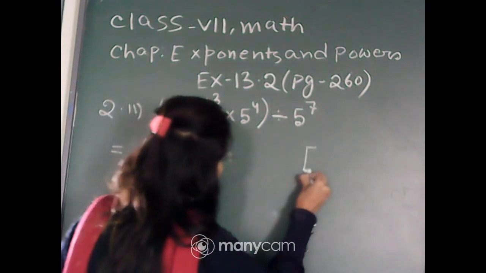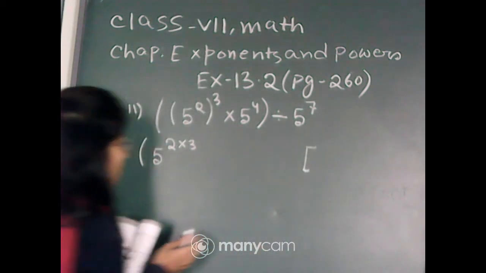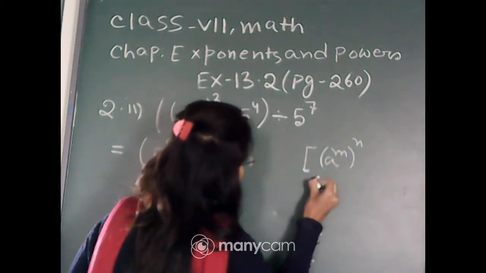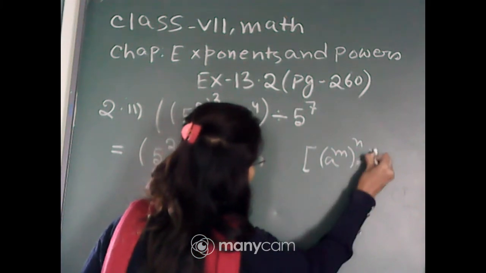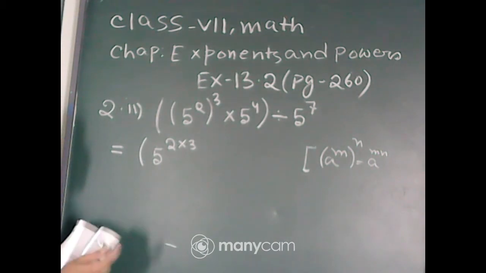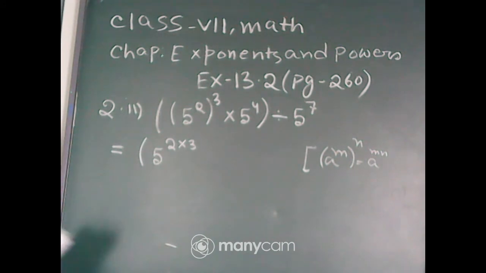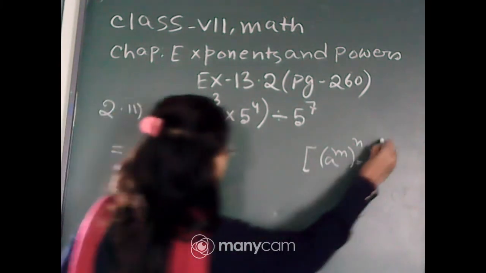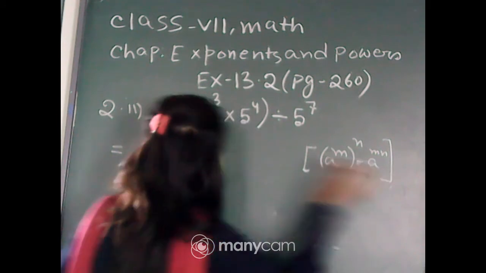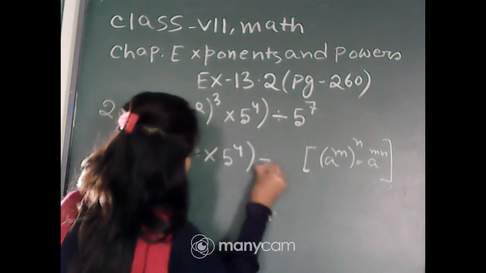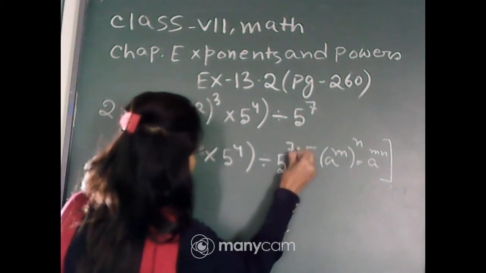Since we know that for any non-zero integer a, (a to the power m) whole to the power n is equal to a to the power m into n, where m and n are whole numbers. So, we use this law.